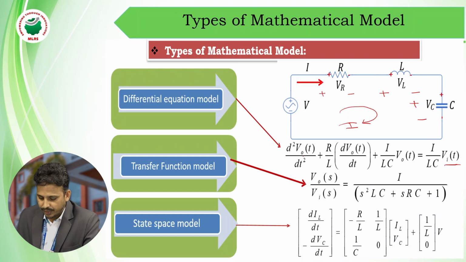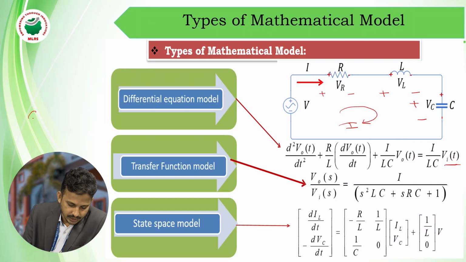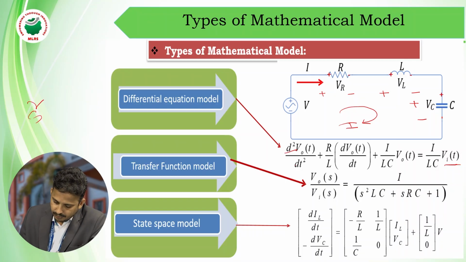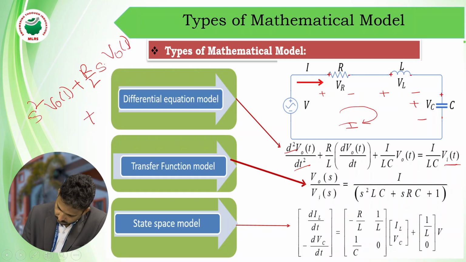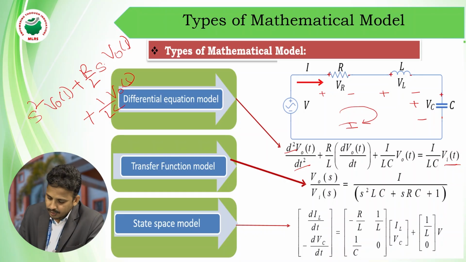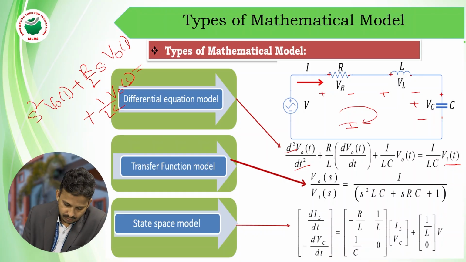If I take v0 of t as common, and after that apply the Laplace transform of it, then d square v of t by dt square will give you s square v0 of s, plus R by L into s v0 of s, plus 1 by LC into v0 of s, which is equal to 1 by LC into vi of s.